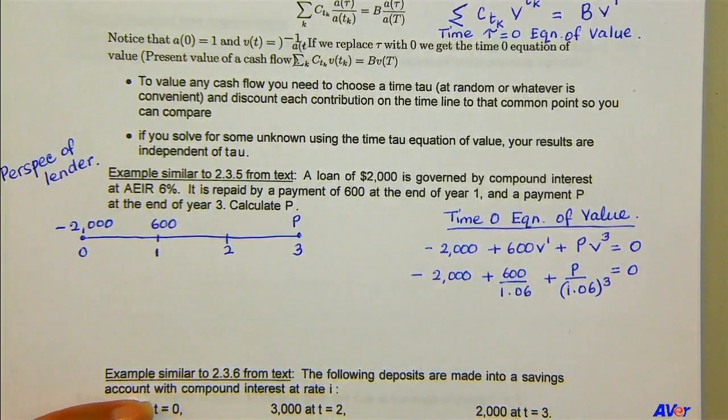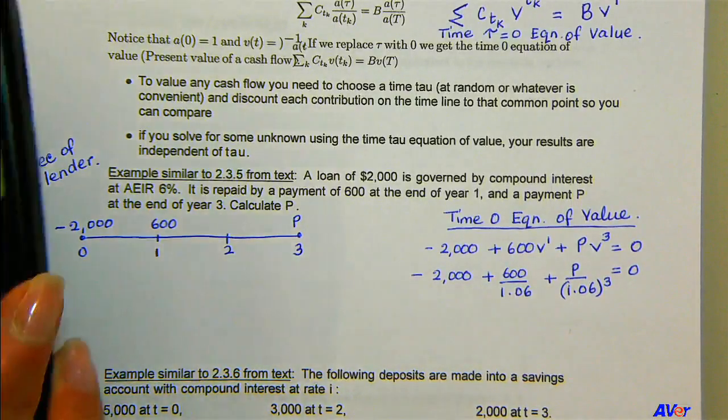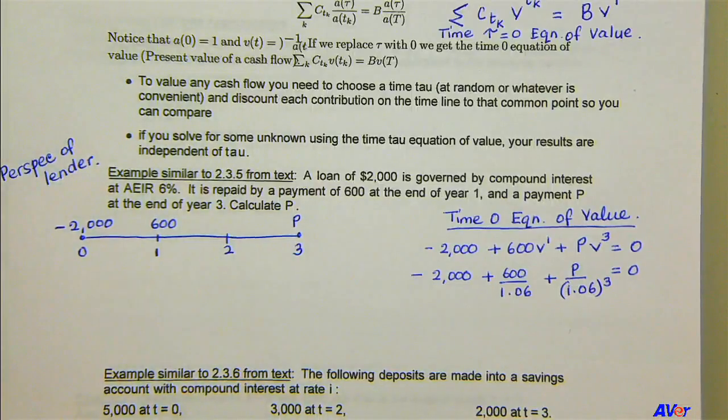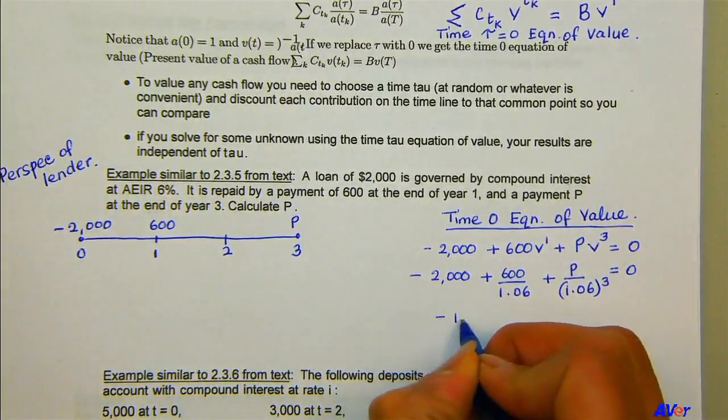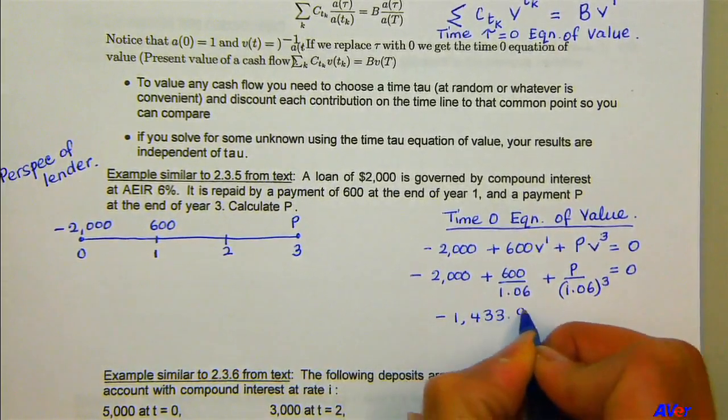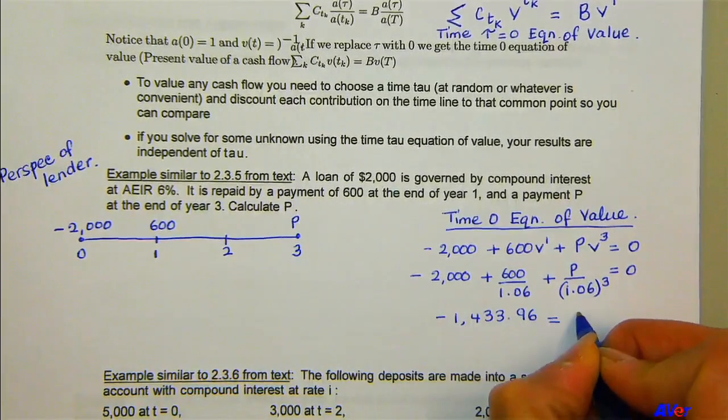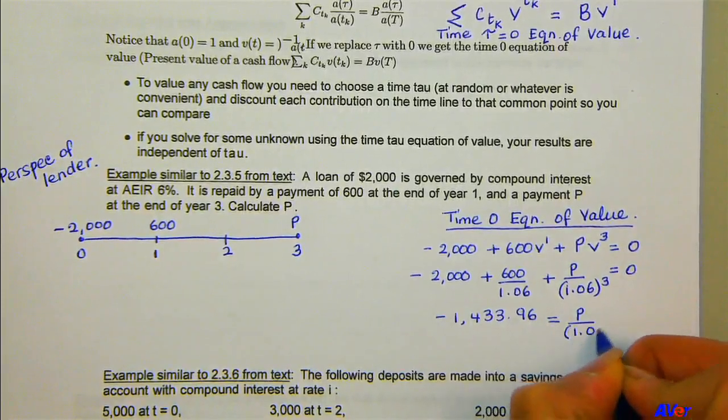And let's solve this. Can we solve it right now? Pull your calculators out, guys. I have minus 2,000 plus 600 divided by 1.06 minus, 1433.96 equals P over 1.06 cubed.